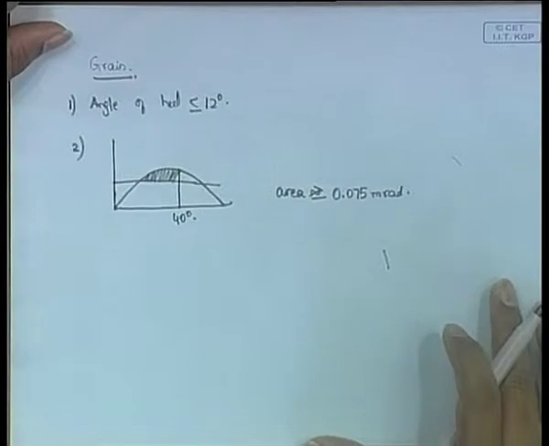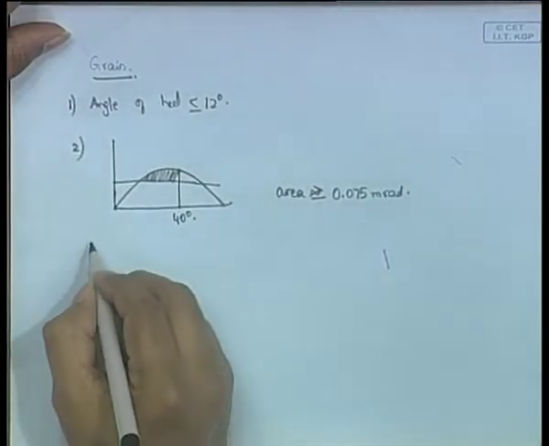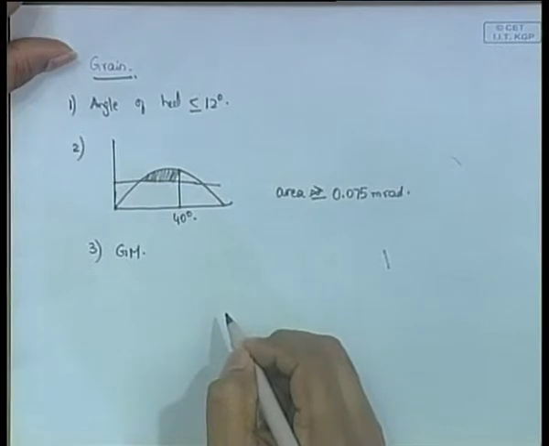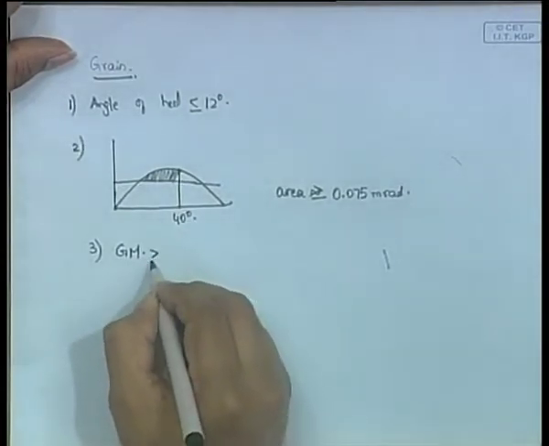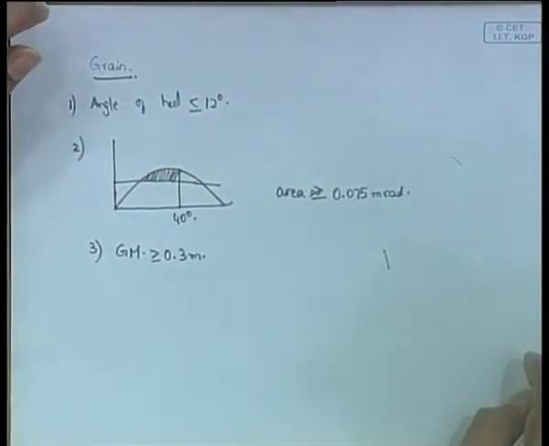So, the area between the curves should be at least 0.075 meter radians, that is the second condition. Then the third condition is that GM, the metacentric height, should not be less than, or it should be greater than or equal to 0.3 meter. So, the GM should definitely be greater than 0.3 meters. Okay. So, these three conditions are the rules associated with grains.